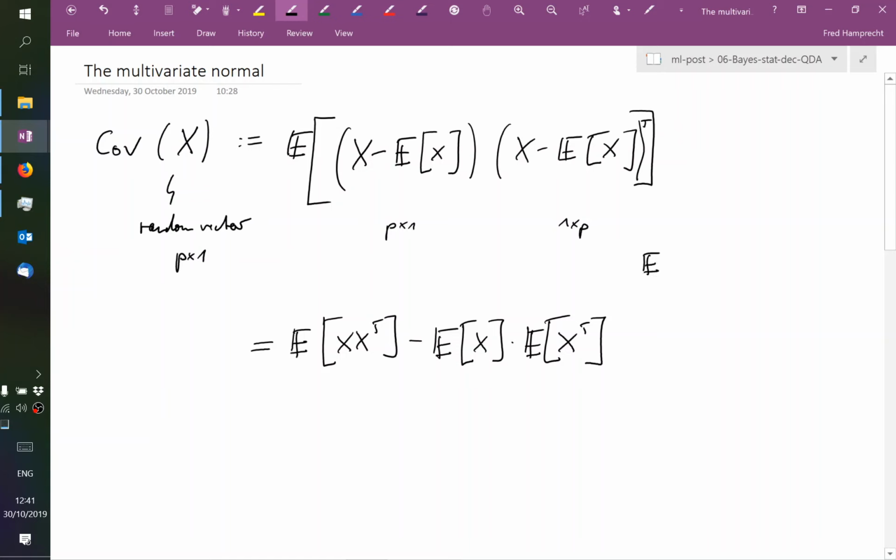What you need to remember is that if you take the expectation with respect to some random variable of the expectation of that same random variable, then this is the same as just taking the expectation. Why? Because the expectation of x is a constant. It's no longer a random variable. And the expectation of a constant is the constant itself.